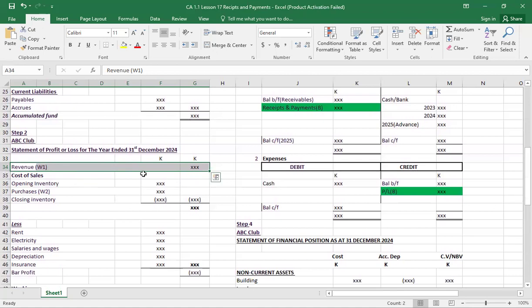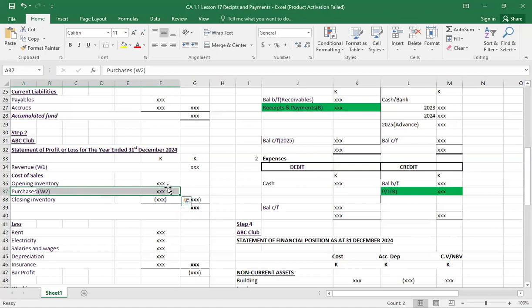And then after we find the revenue, we've got the opening inventory, the purchases, and the closing inventory. Of course, the cost of sales for this topic is not extremely complicated. Maybe there might be carriage inwards, maybe purchases returns, but those are extremely rare because they focus more on purchases where you are given opening payables, closing payables, and the amount that was paid.